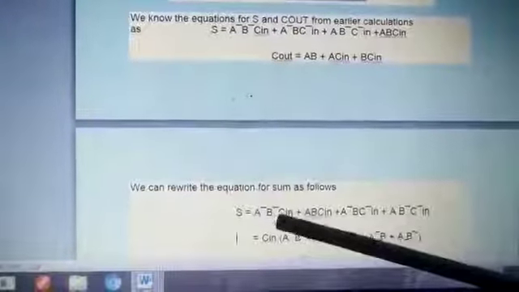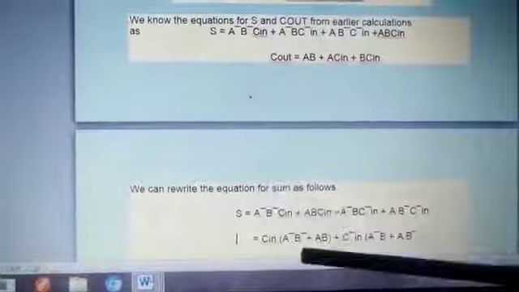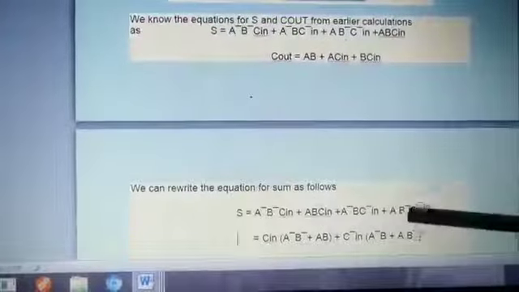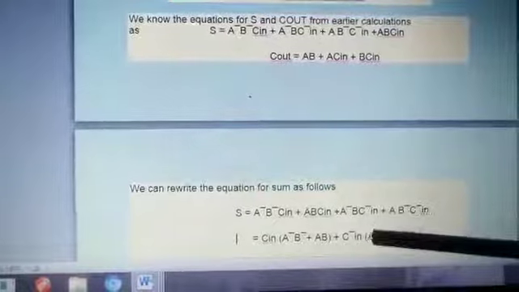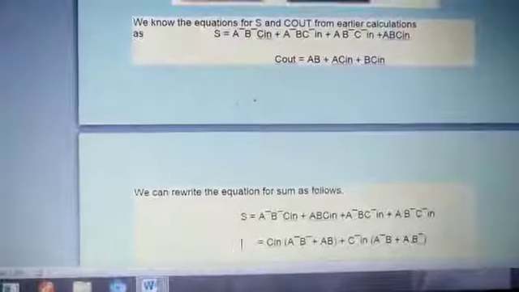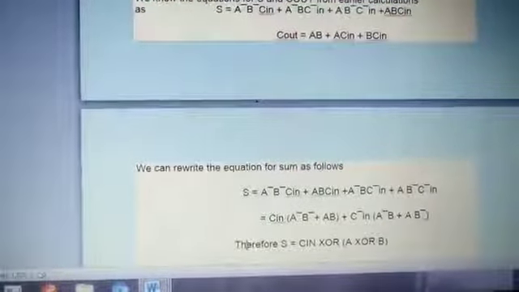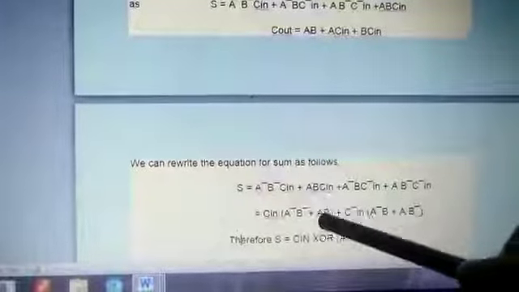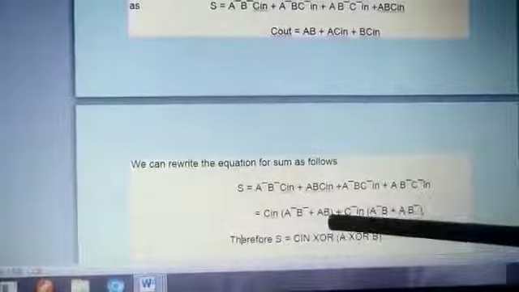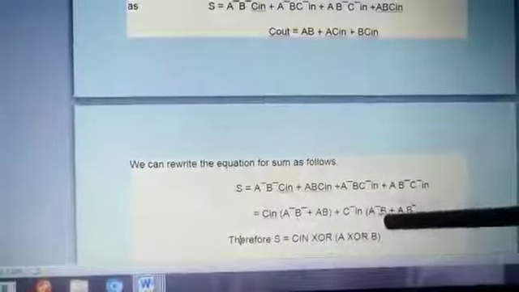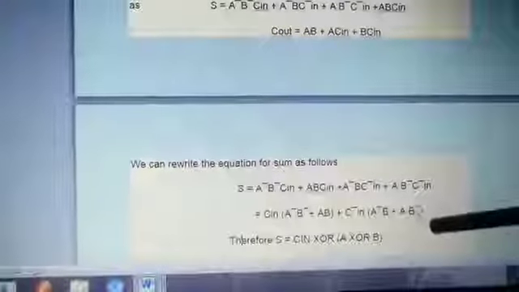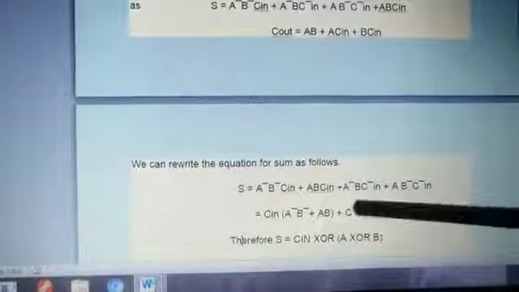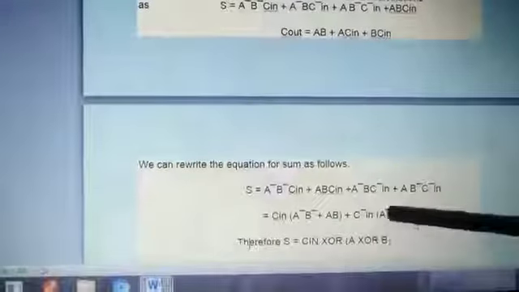Taking C in common, what is left is A bar B bar plus A B, and taking C bar in common, we get A bar B plus A B bar. So we have C in times A bar B bar plus A B, plus C bar in times A bar B plus A B bar. A bar B plus A B bar is the expression for the XOR gate.